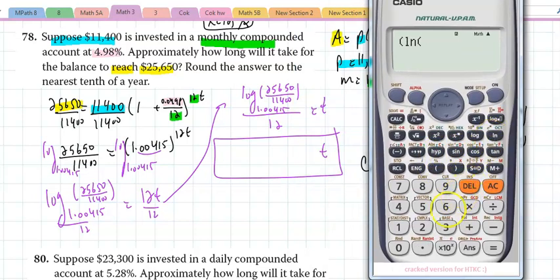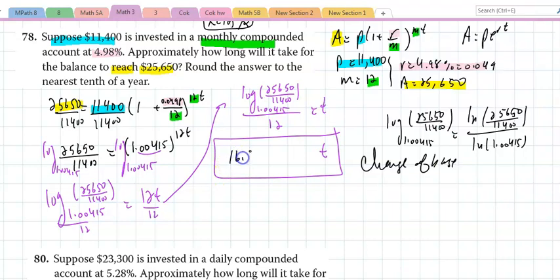Natural log of 25,650 divided by 11,400, close parentheses, divided by natural log of 1.00415, divided by 12. 16.32 years.